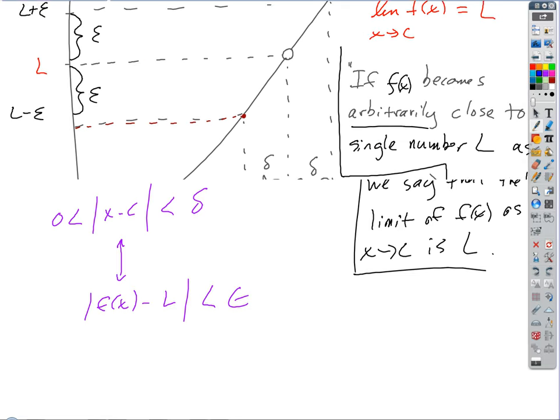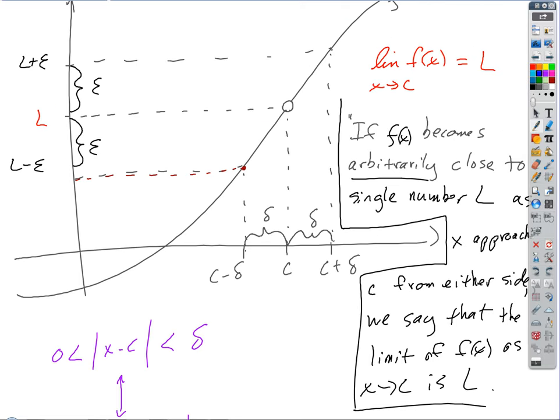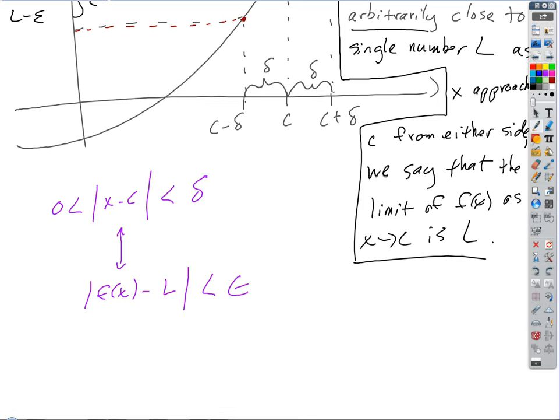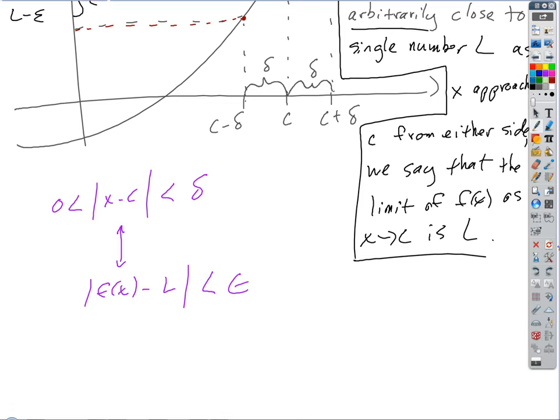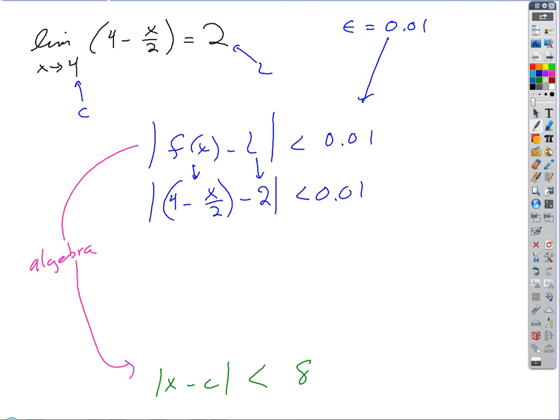So this is epsilon: the distance between f of x and L is less than some value epsilon. Well, epsilon must be 0.01.